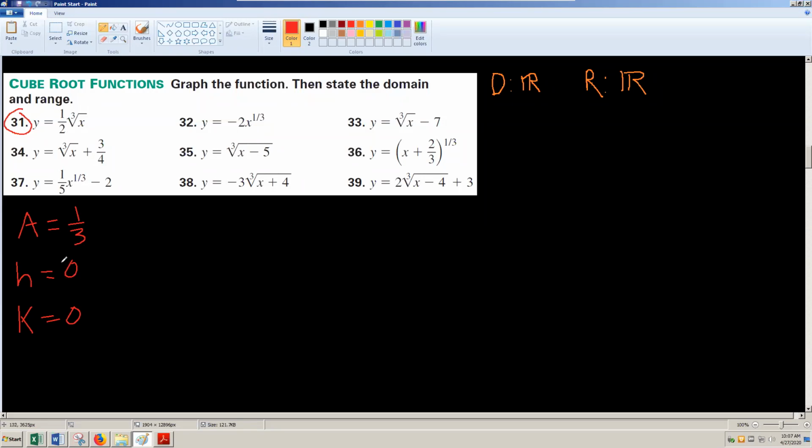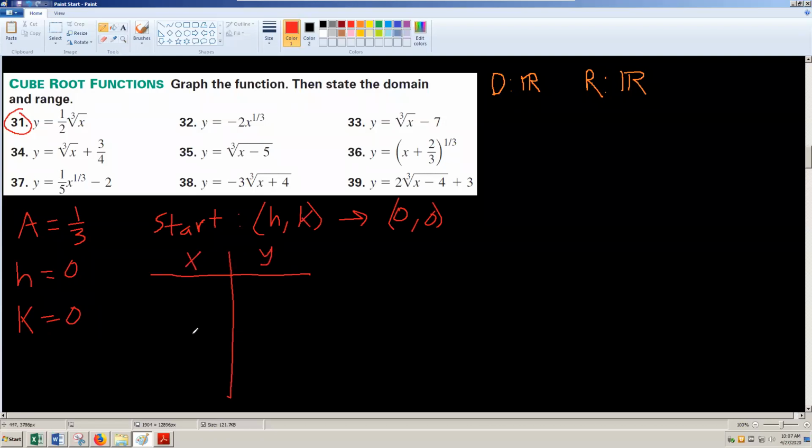So now as I look at this thing, I'm going to start out at h, k, which for me is going to be 0, 0. Okay. From here, I'm going to very carefully pick these points. When I say very carefully, I'll explain what that means. So here are my x's, here's my y's. I'm going to start 0, 0 in the middle.